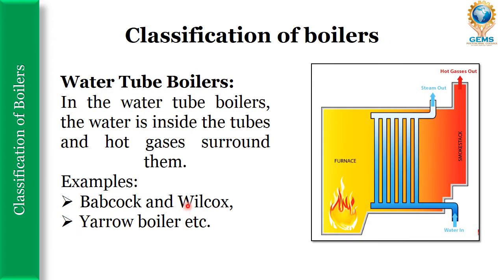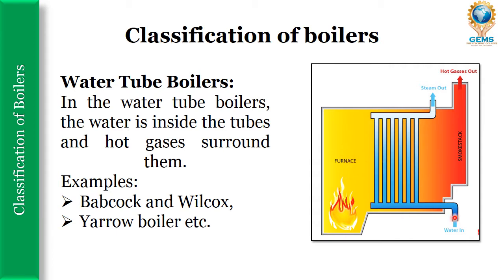And water tube boilers. The main difference between the fire tube and the water tube is that in fire tube the hot gases flow inside the tubes, but in water tube the water is inside the tubes and hot gases surround them. For example, Babcock and Wilcox boiler and Yarrow boiler. So this is how it looks.